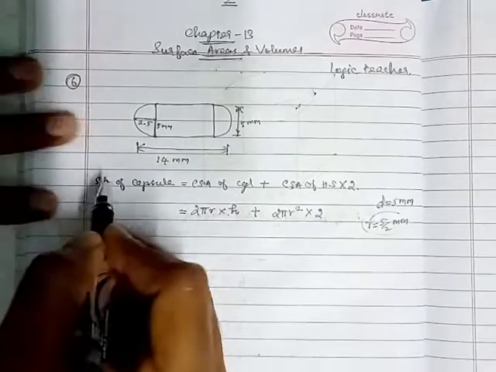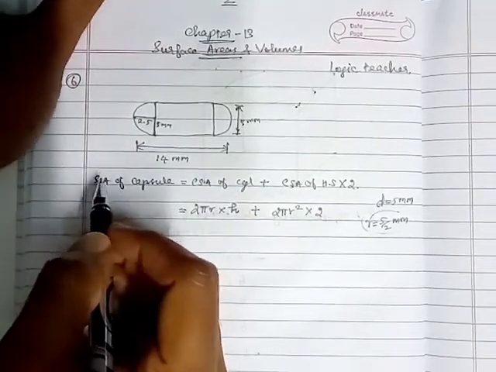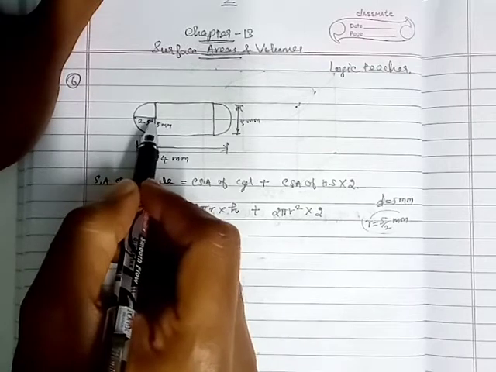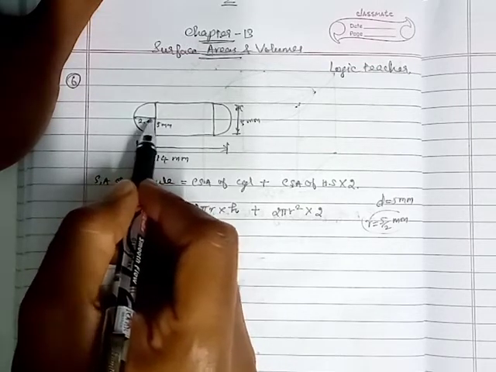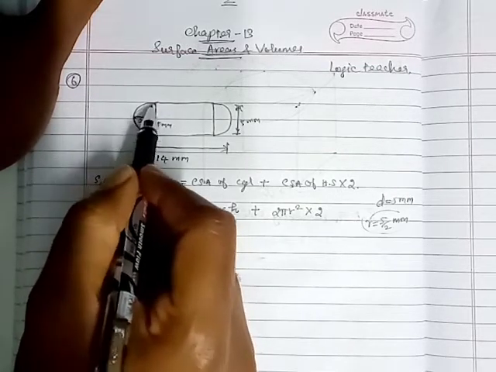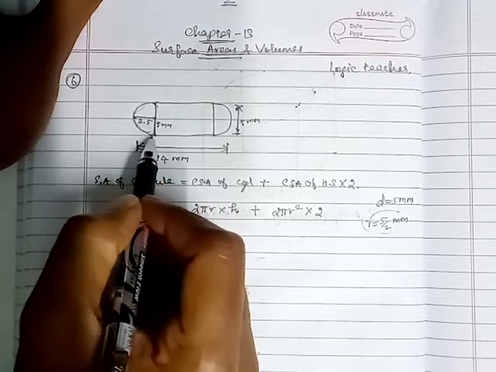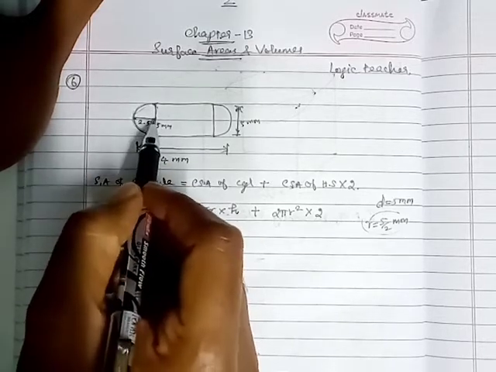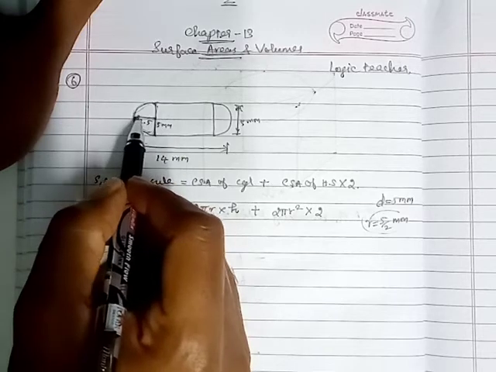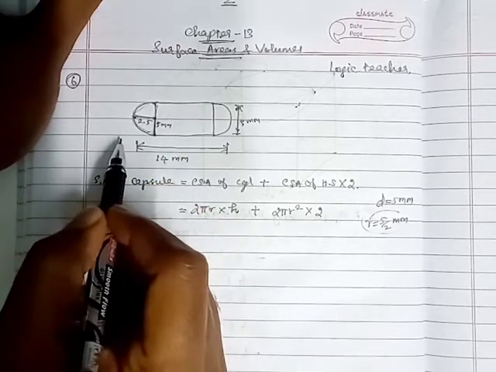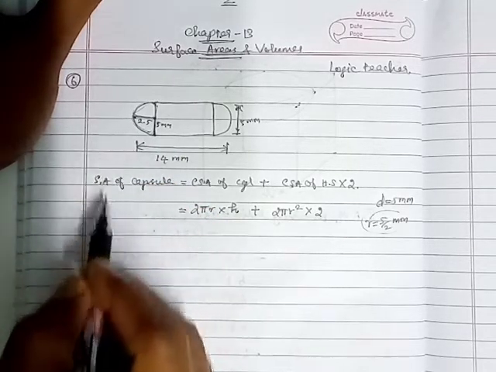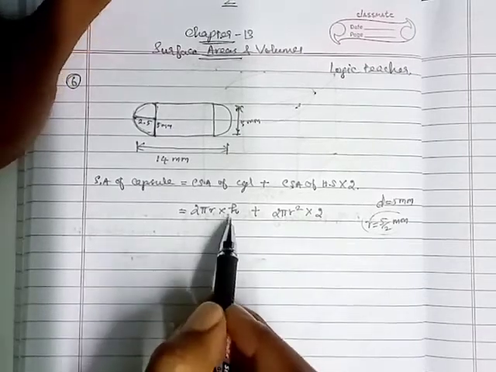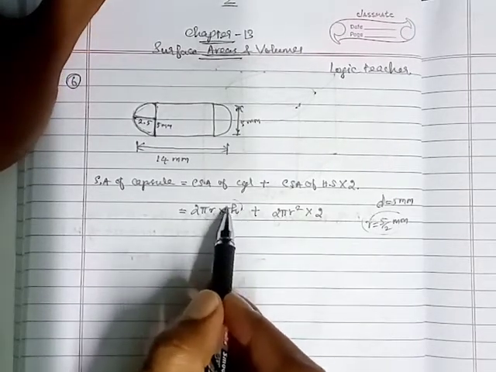So this can be 2.5, or 5 by 2. For a hemisphere, the radius and height are same, because everything is radius in a hemisphere. Now we have to find out the height.